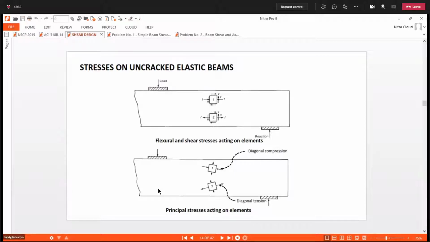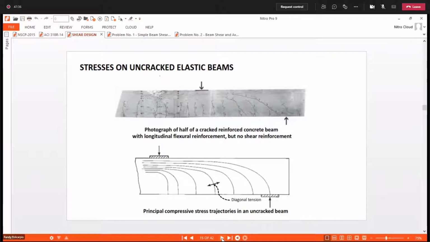They notice the cracks, the direction of the cracks, the behavior of the cracks. Look here, the cracks are diagonal, and if you notice, they are somehow converging toward where you applied the load.